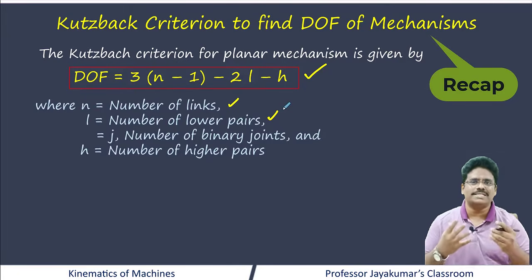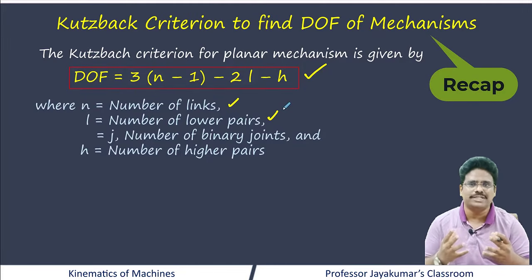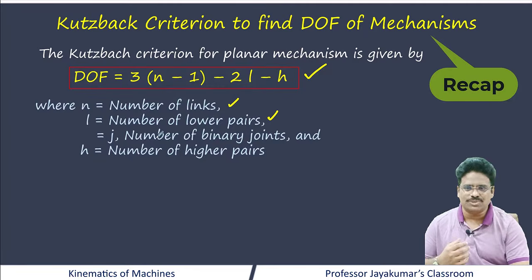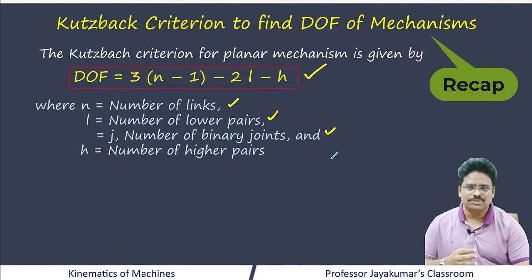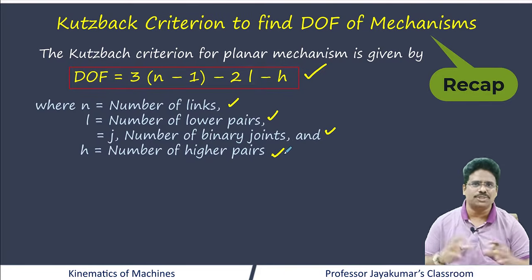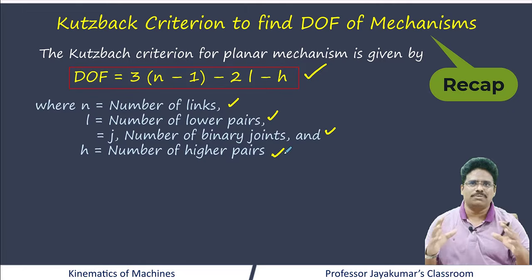Number of lower pairs is equal to number of binary joints that mechanism has. So in other words, I could say L equal to J. H means number of higher pairs that mechanism has, right? So this is the equation we are going to use to solve all problems in order to determine degrees of freedom of the given mechanism.